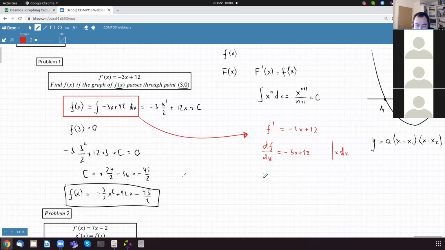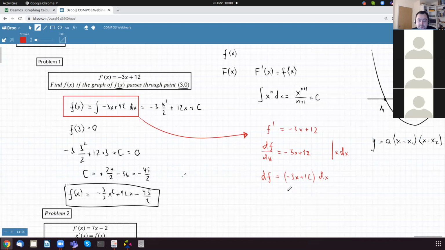And you get df is minus 3x plus 12 multiplied by dx. I'm omitting the brackets here, but obviously they're there.